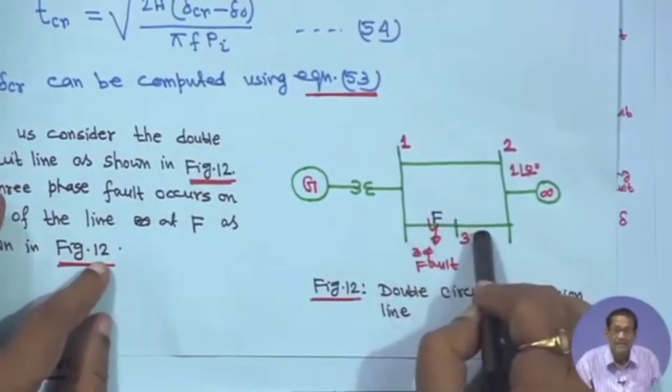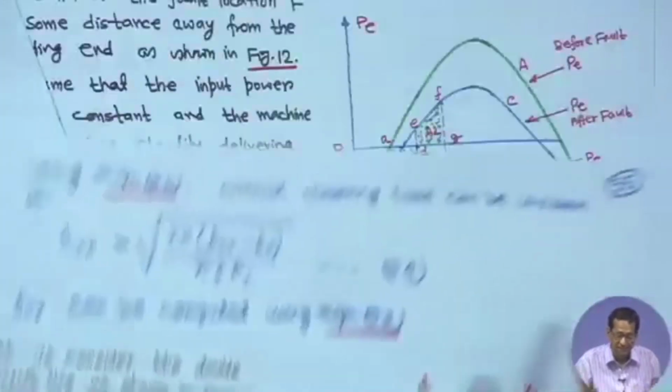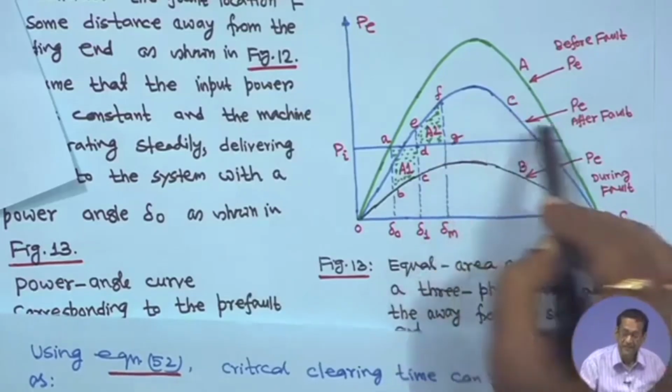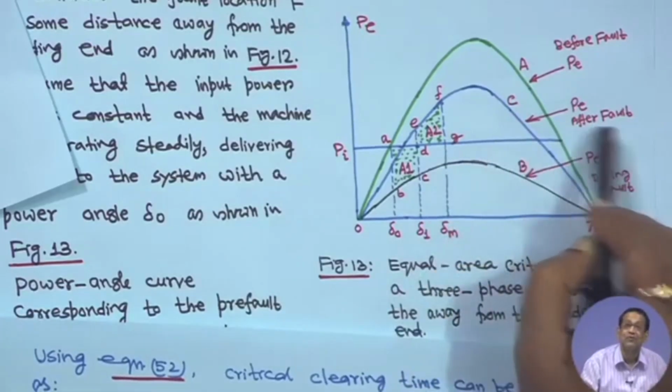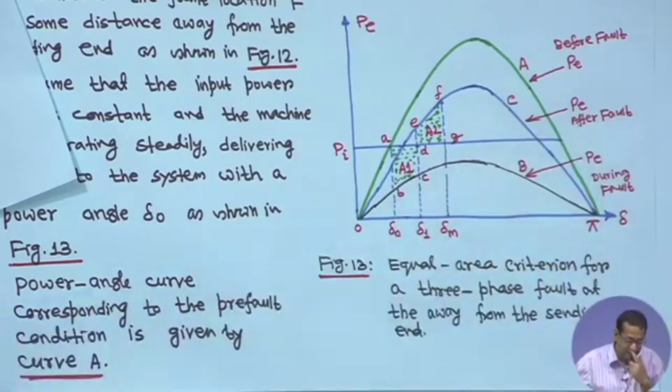As soon as it is a single line, its power transfer capability will increase. This is graph C, the blue one, the after-fault or post-fault curve.